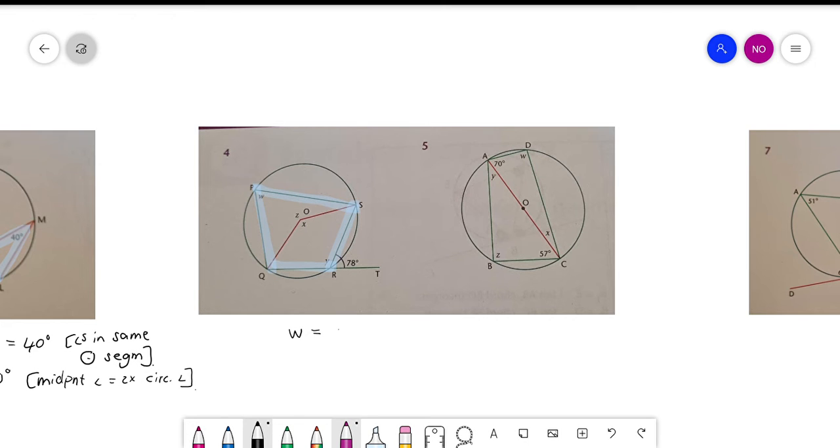So W will be equal to 78 degrees. Want daai is die buitehoek van 'n koorde vierhoek en hy is mos gelyk aan die teenoorstaande binnehoek. The English reason will be exterior angle of a cyclic quad.